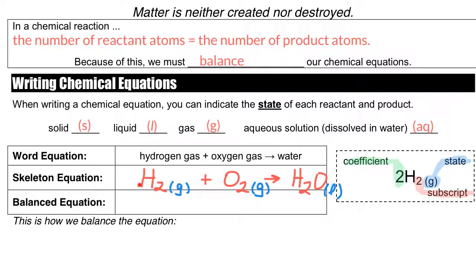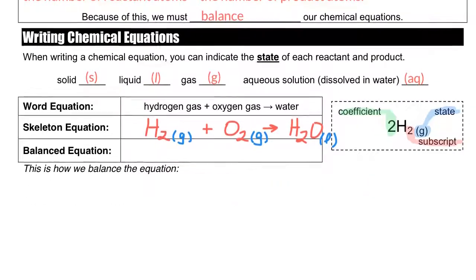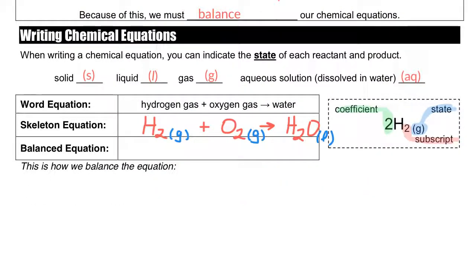So if I leave my reaction equation as it's written here, it's saying that we're losing an atom of oxygen in this reaction. But we know that doesn't take place because we should have the same number of atoms on either side. So we need to balance this equation. We're going to write a balanced equation. I'll show you how I do it. So down here, I'm going to rewrite my skeleton equation.